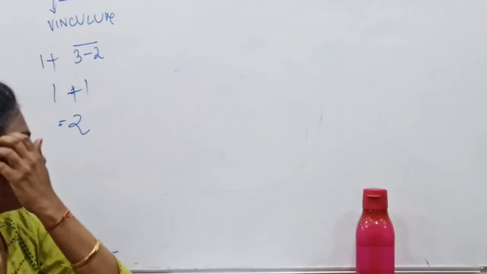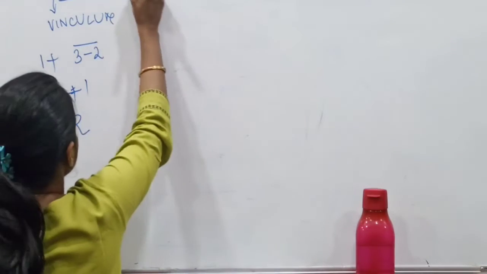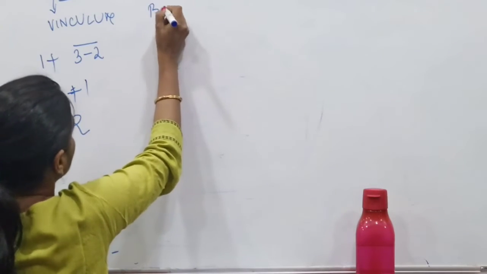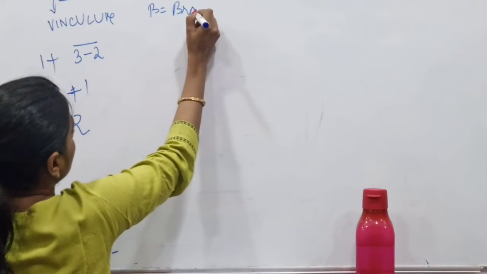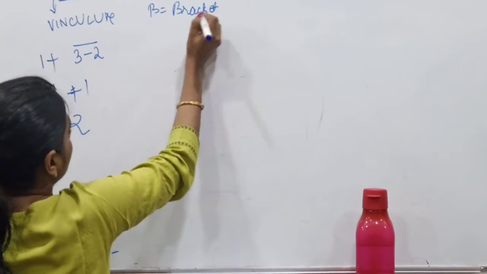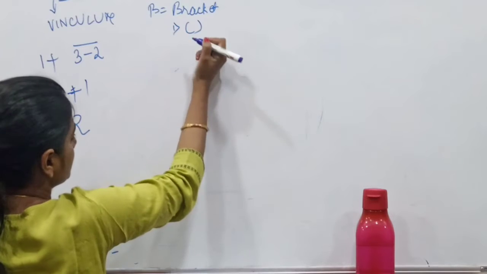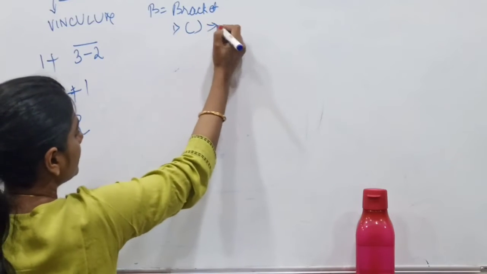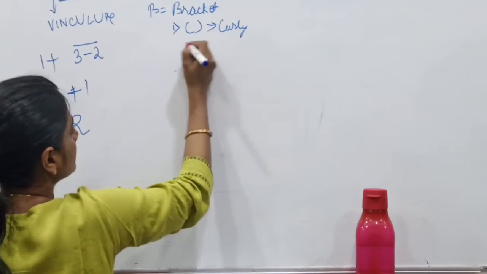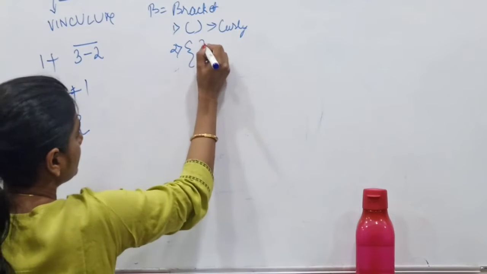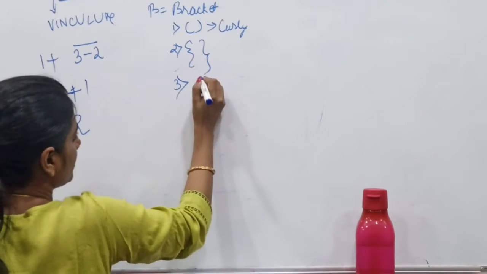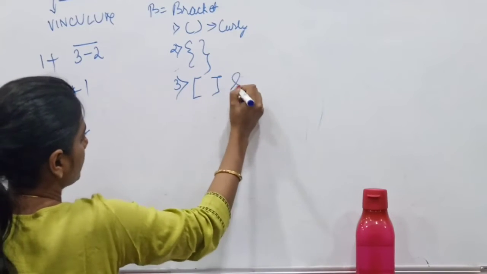Now after that we know the rule of BODMAS. What is the rule of B for bracket? Which bracket do we have to solve first? At the beginning we have to solve the small bracket, then the curly bracket, then the square bracket.